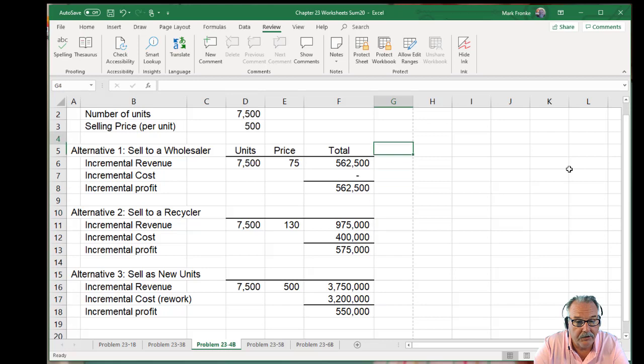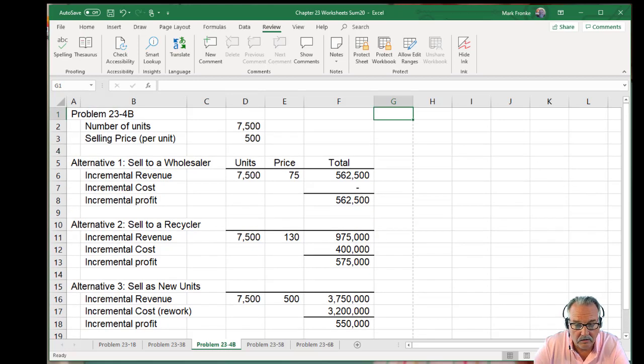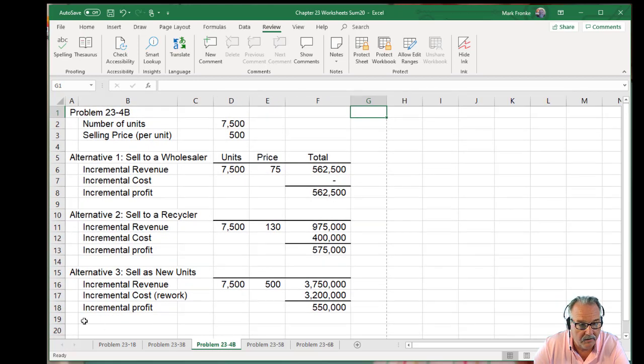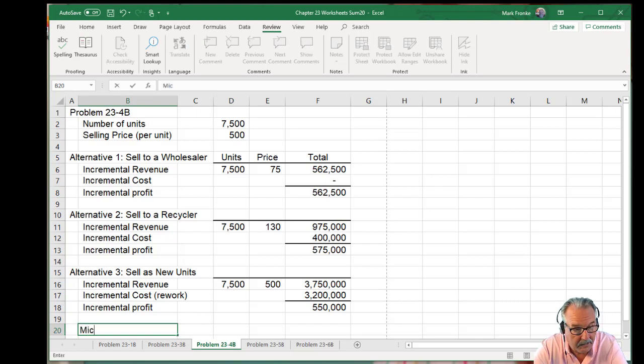So alternative 2 is still, in this particular case, the best option. So we're going to say Micron should choose alternative 2 as it provides the highest income or profit.